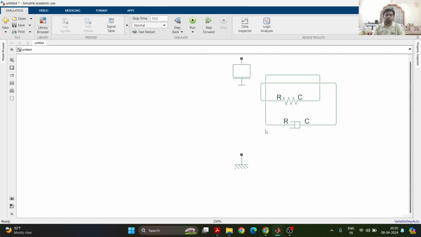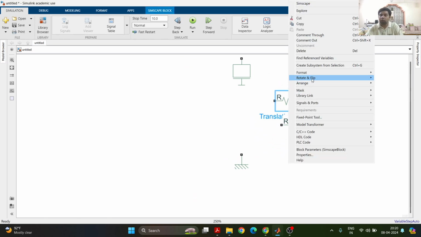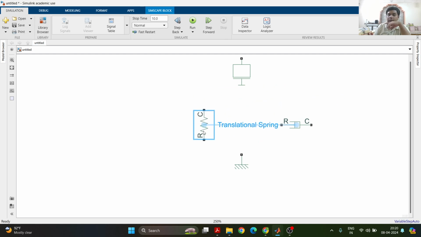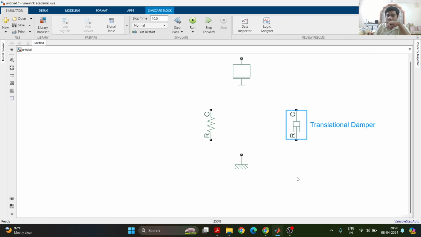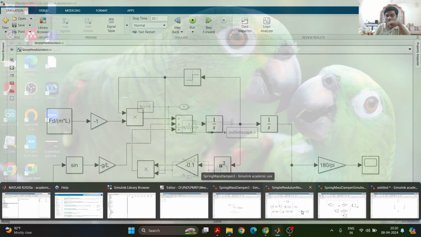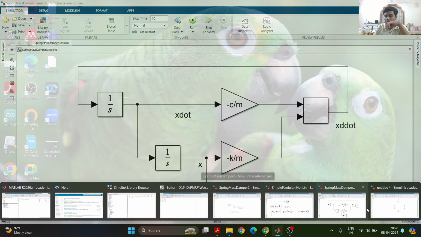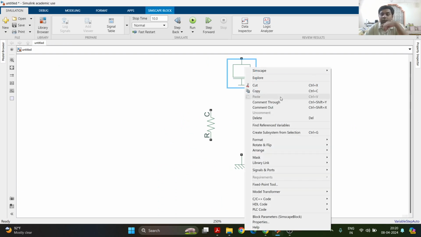Similarly, we need a block for a translational damper. For both, we can rotate these blocks the way we need. So let us say we rotate it this way, and then we can flip this.